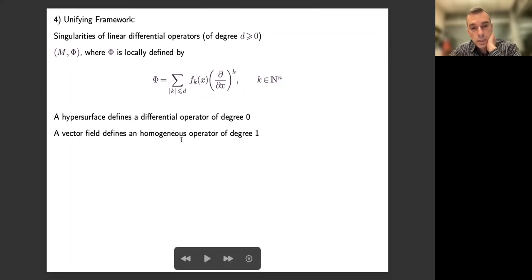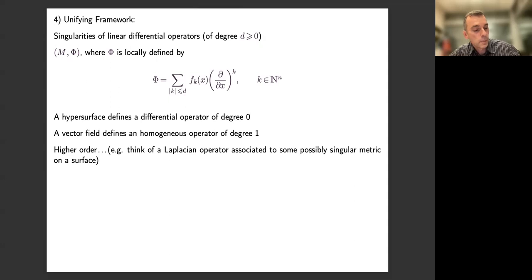A vector field is defined as a homogeneous operator of degree 1. But of course, there are natural examples where we are interested in higher order differential operators. For instance, the Laplacian associated to some singular metric on a surface, right? So it is also interesting to look at singularities of metrics.